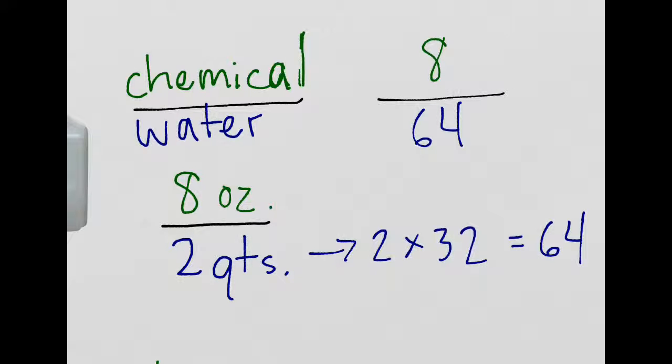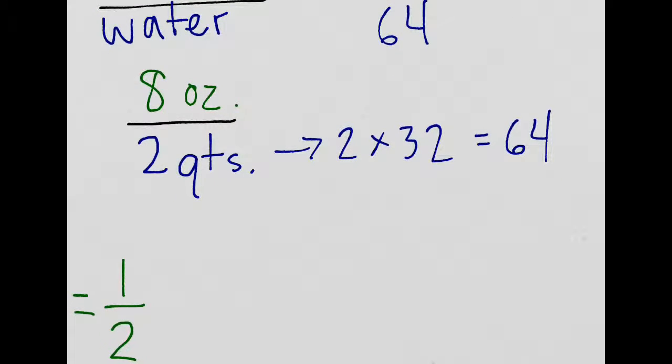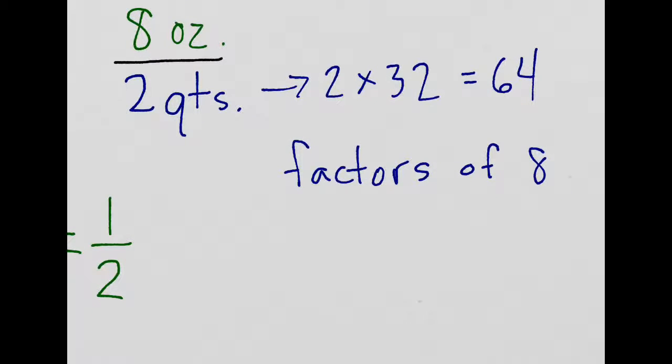Now I might have to do another video on simplifying ratios and simplifying fractions, but for now I'm just going to ask you to think about the two numbers 8 and 64 and think about their factors. What numbers go into these two numbers? The factors of 8 and the factors of 64.